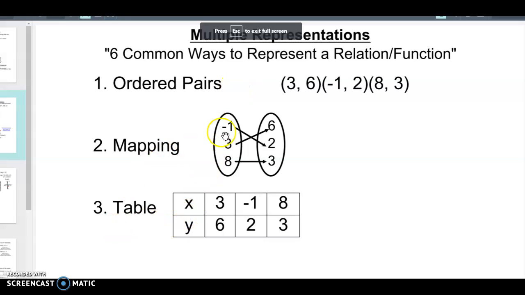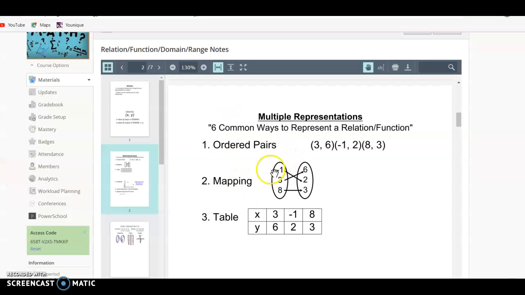Mapping is when we have a set of x values, -1, 3, and 8, and a set of y values, 6, 2, and 3. And it shows you which ones, just like in an ordered pair, the x and the y are mapped together. So 3 is connected to 6, -1 is connected to 2, and 8 is connected to 3.